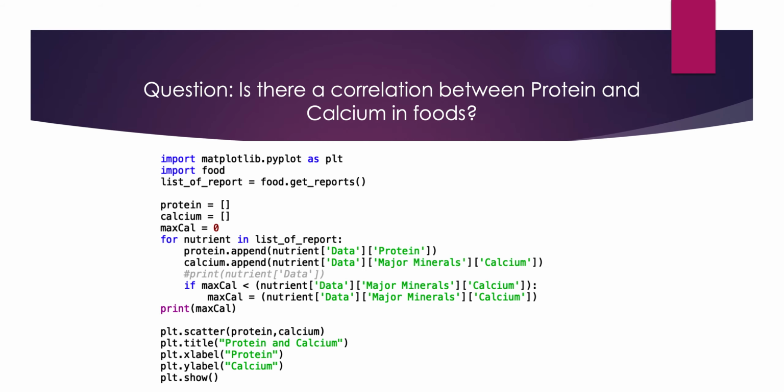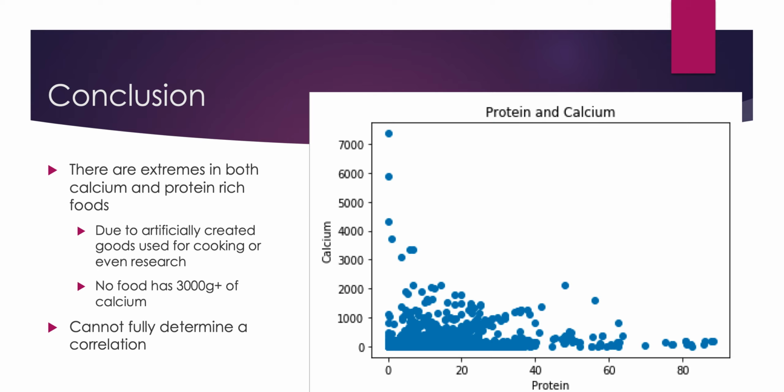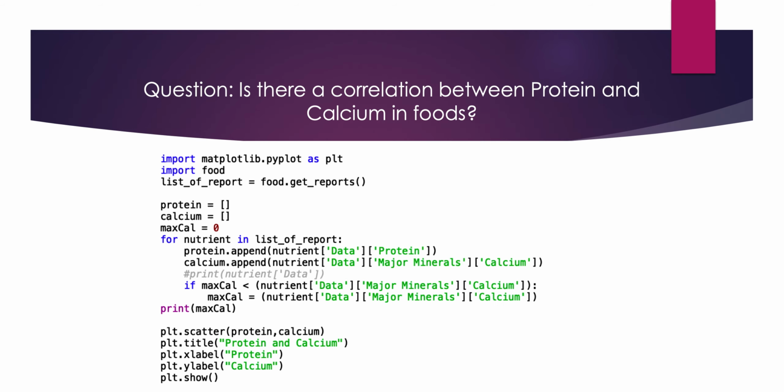In our next question, we want to determine if there's a correlation between protein and calcium in foods. The reason we're curious about this is one might assume that calcium and protein are highly present in meats. So to do this, we create a list of proteins and calcium, and we append the data with their respective macronutrients.